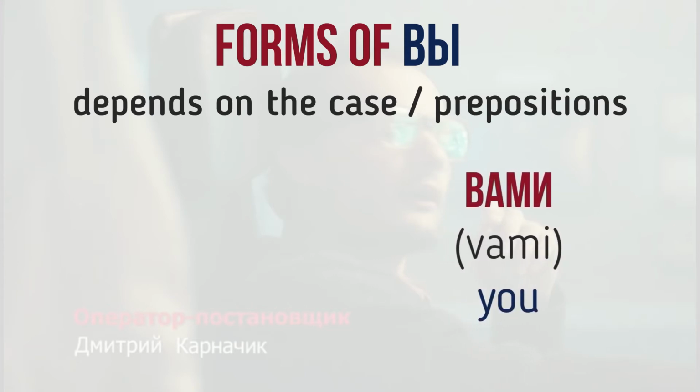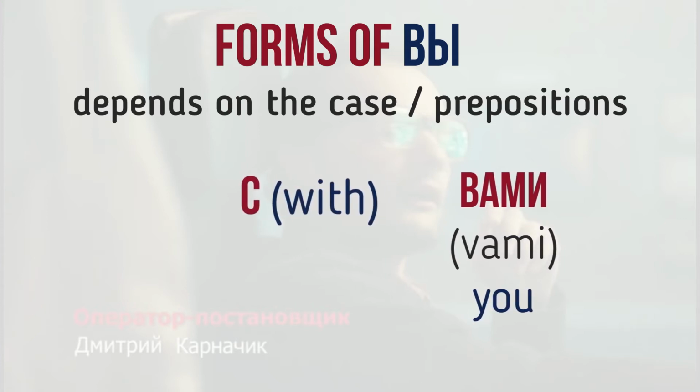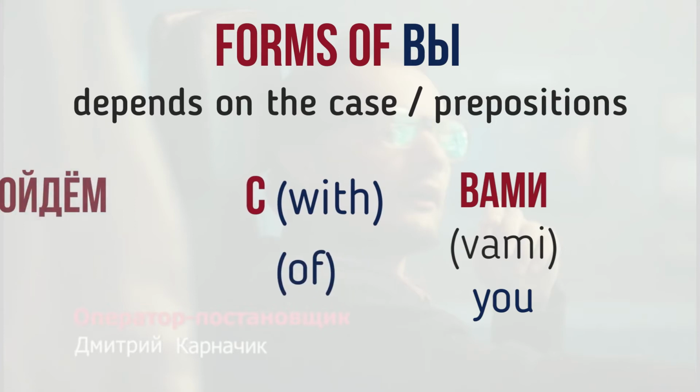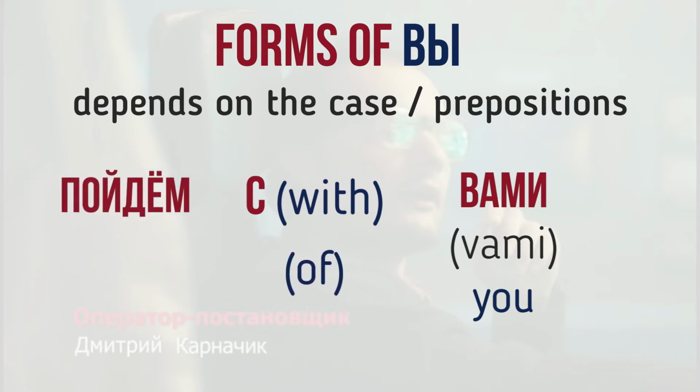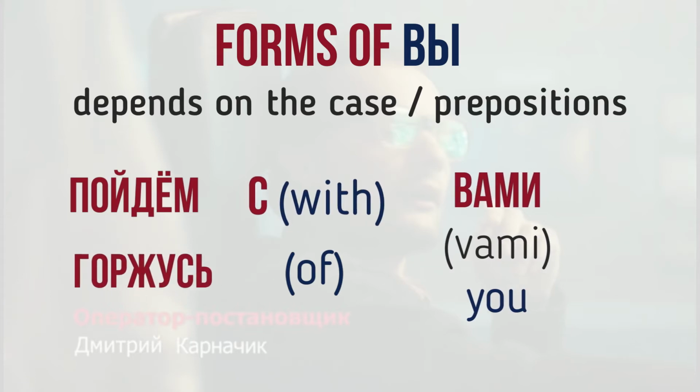It can be used with a preposition, for example, с, with, с вами, or without any prepositions. Examples are пойдем с вами, let's go with you, and горжусь вами without any prepositions, I am proud of you.